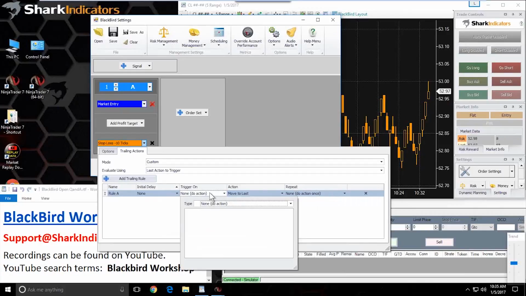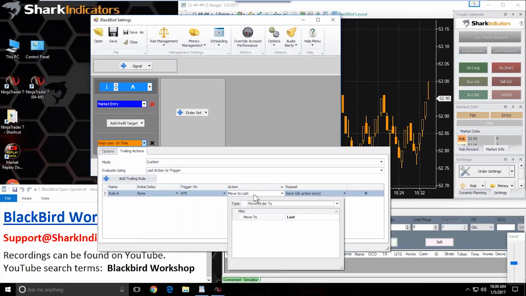Once the trigger on has been met, let's say we're looking for some kind of indicator value, and that indicator value has been found, then the next step would be the action. The action is what actually moves your stop loss. The default here is that the stop loss gets moved to the last price.